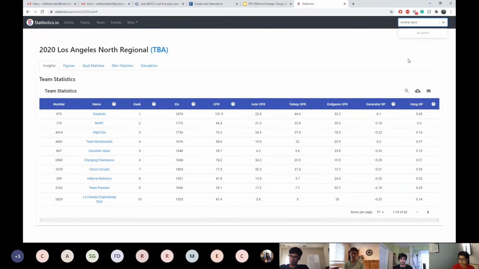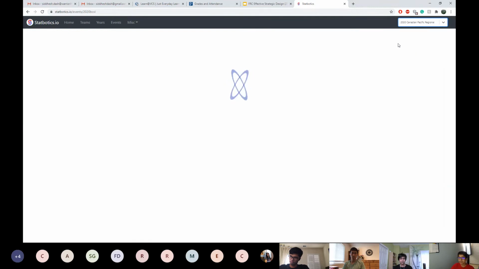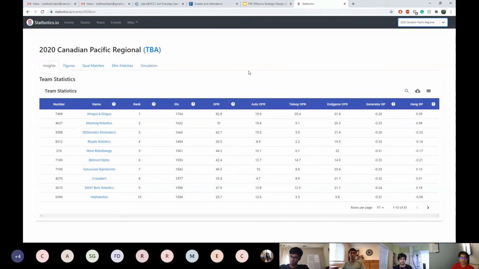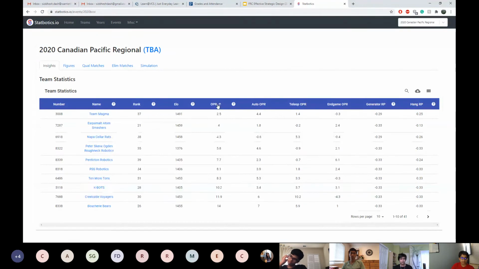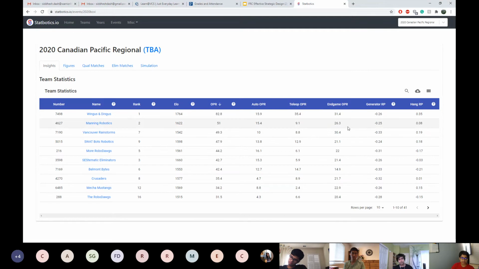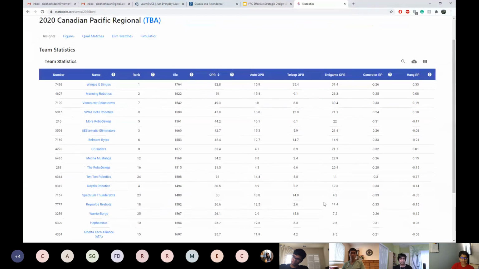But a lot of teams had really high hang rates, and the teams that were hanging every match were the teams that were usually winning, because they were able to consistently score that 25 points. And a hanger isn't really the most complex thing compared to a shooter. It's a simple elevator. It's at its base level a rope and 2 bars if your robot's pretty light.